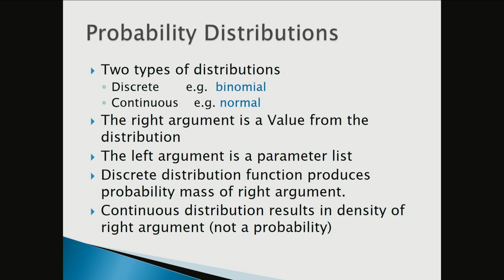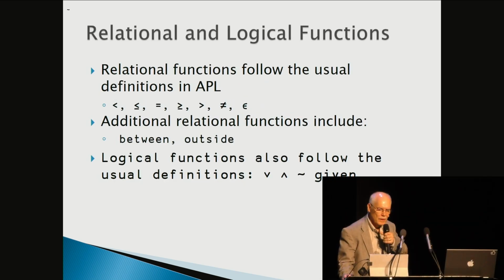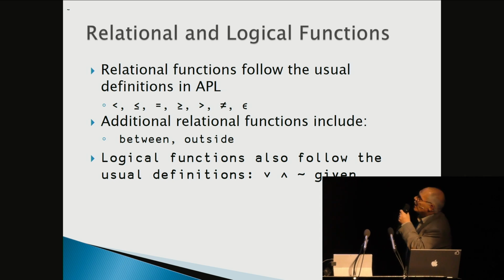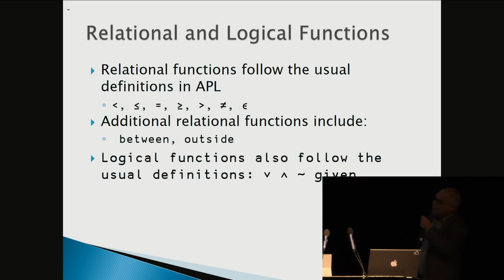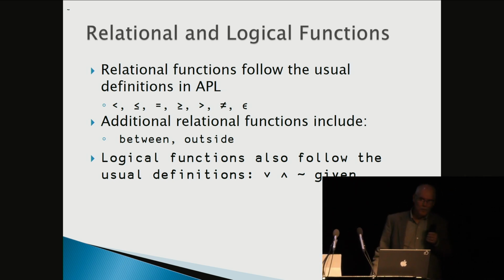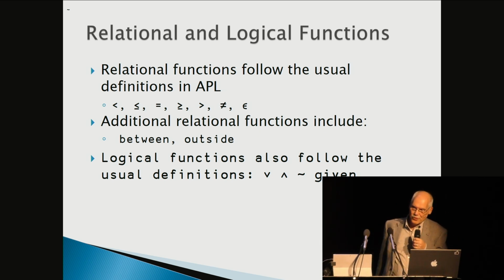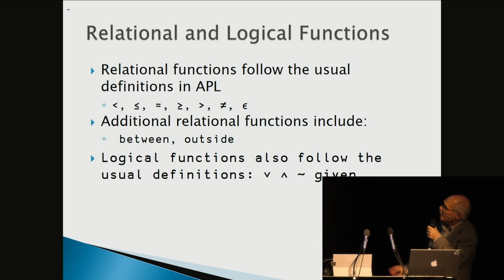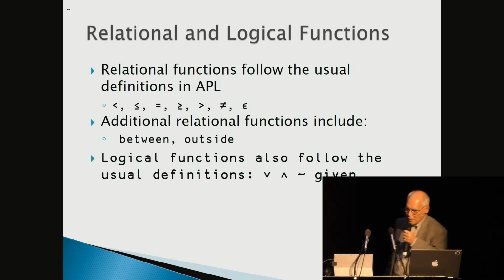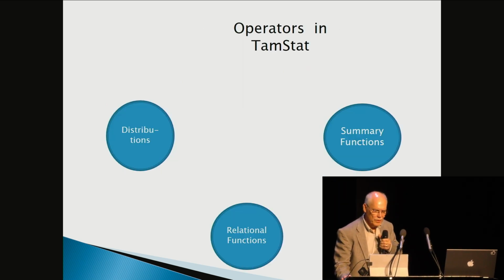Okay, so let's see. Relational and logical functions pretty much are the APL functions, and they work pretty much the same way. So I just put those up there for comparison. But here's the interesting thing.